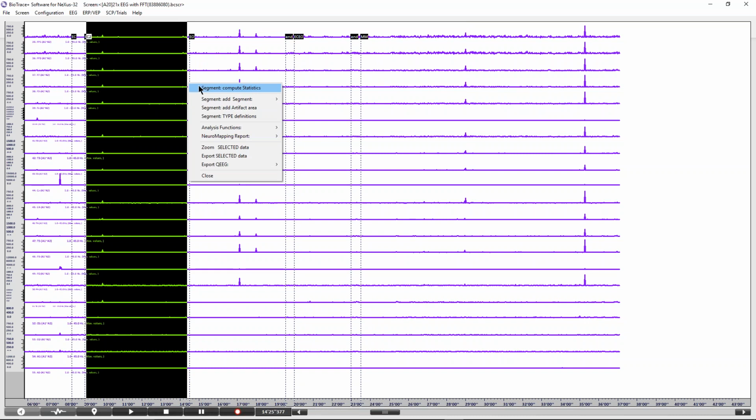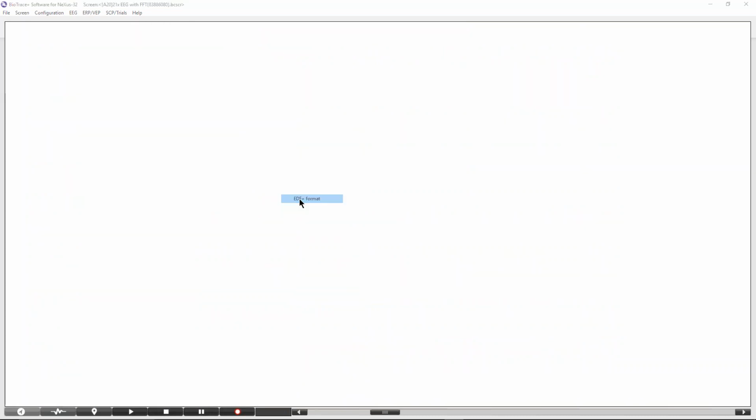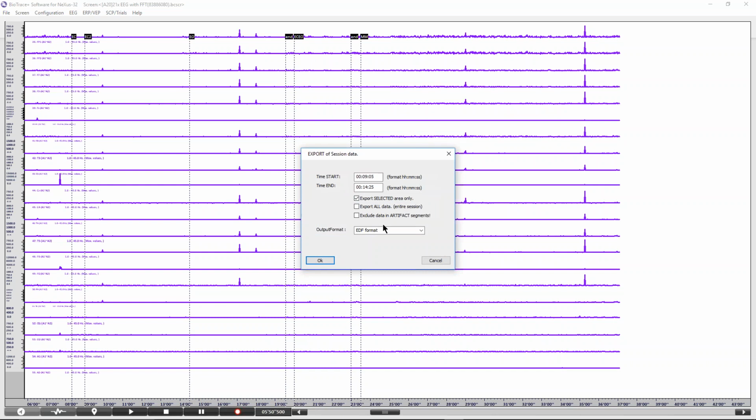So I'm going to highlight this, left click and drag to highlight. I'm going to export QEEG, and I'm going to use the EDF plus format. So I click on EDF plus. I've already selected this period of data, so I'm going to accept that as correct.